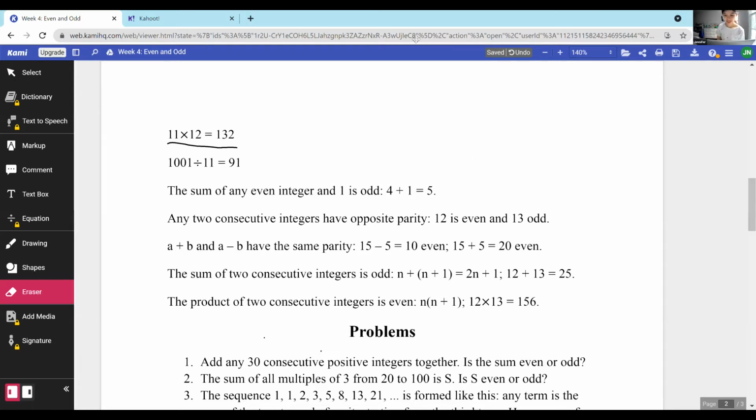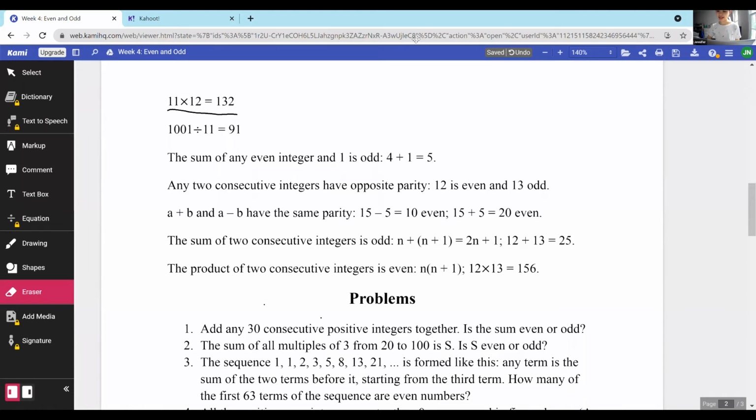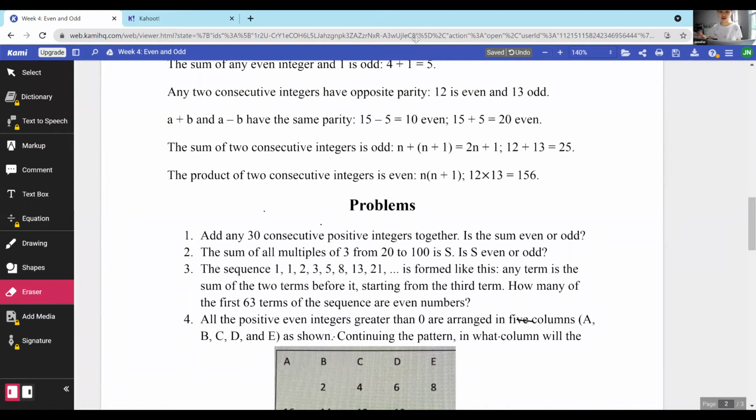The sum of two consecutive integers is odd, since it must be odd plus even or even plus odd. You can see this, let's call the first number n, the next number n plus 1, regardless if n is even or odd. Then that will equal 2n plus 1, which, as we know from the general form, is an odd number, like 12 plus 13.